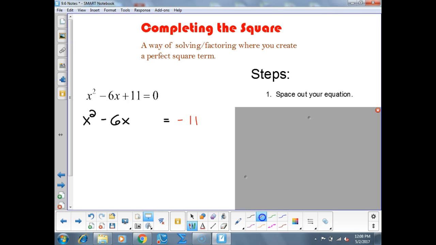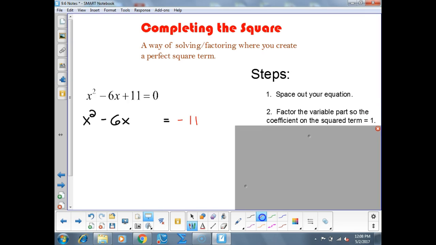With me so far? Step number 2 says I'm going to factor the variable side of the equation so the coefficient on the squared term is equal to 1. That's done in this case, but it might not be done in other cases.